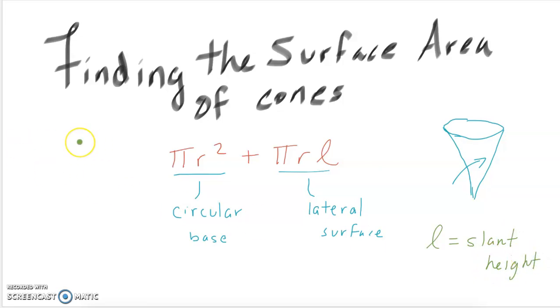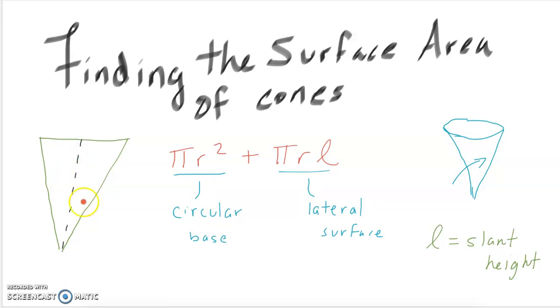Now, if I look at a cone straight ahead, it looks like this, right? So this up top is the circular base. The height of this cone goes right from that vertex at the bottom straight up. That's the height.